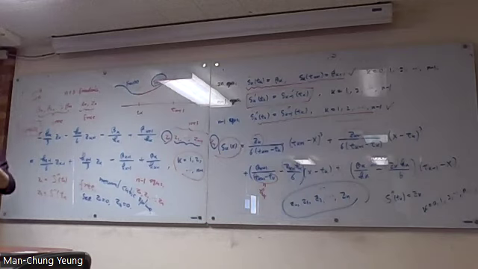Space means any two elements from the set, their summation is still in the set, and any number times an element is still in the set.